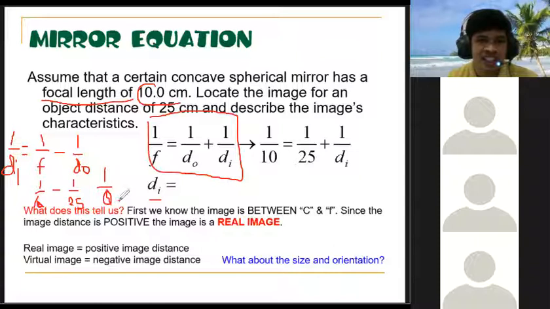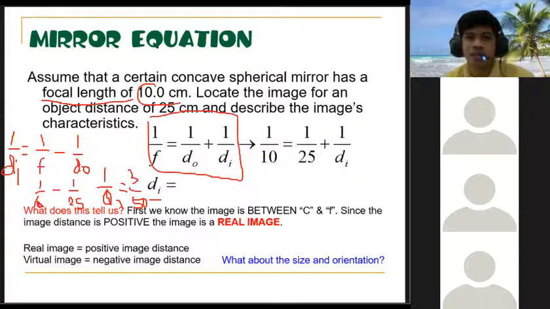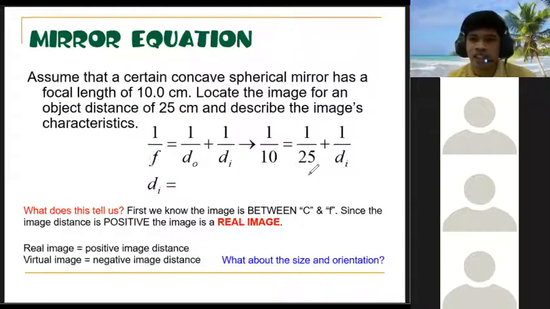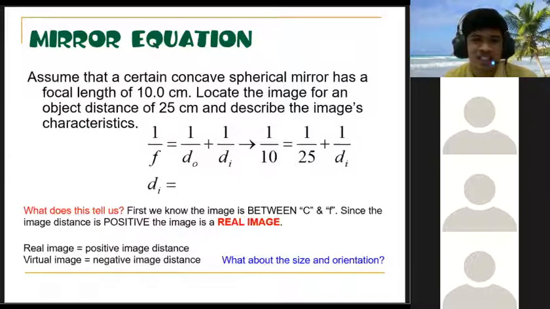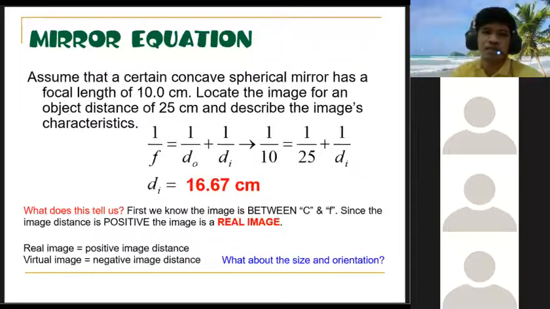So 1 over DI equals 3 over 50, which means DI equals 50 divided by 3. 50 divided by 3 is something between 16 and 17. All right, 16.67 centimeters.